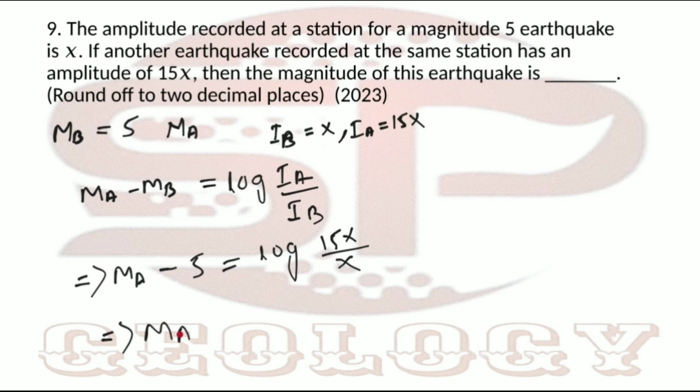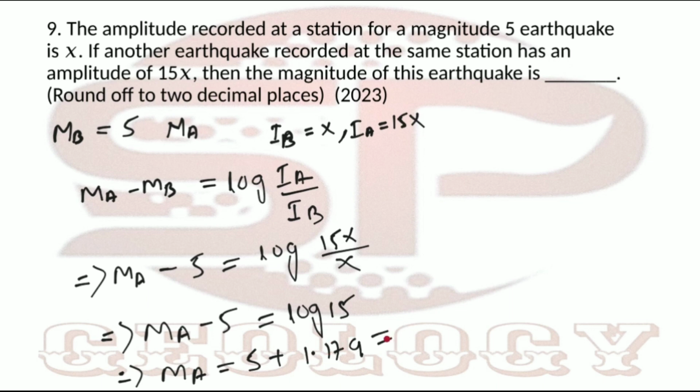We solve this. Calculating the value of log 15, it will be equal to 5 plus 1.179, which is 6.176. We have to round up to 2 decimal places, that is 6.18. The answer will be 6.18. The magnitude of this earthquake will be 6.18.